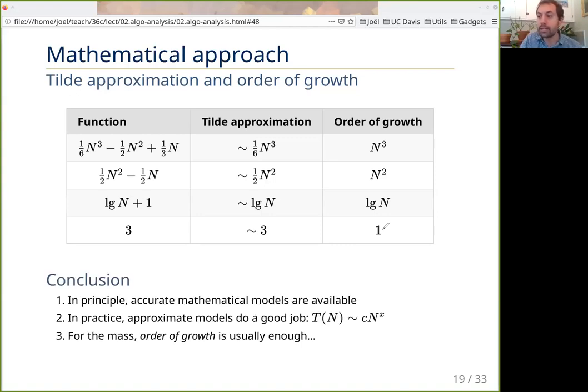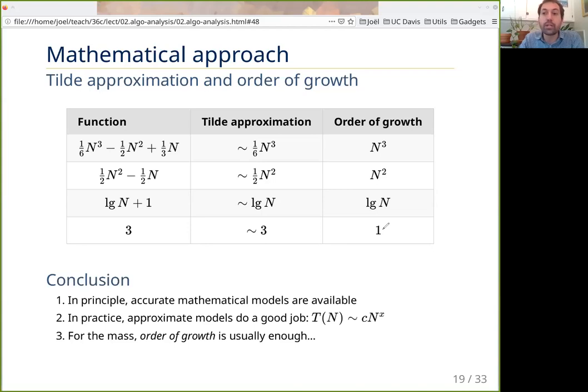So overall, in terms of mathematical approach to characterize algorithms, we do have mathematical tools that allow for a very, very accurate modeling. And some people who are very invested in studying that, that's what they use.